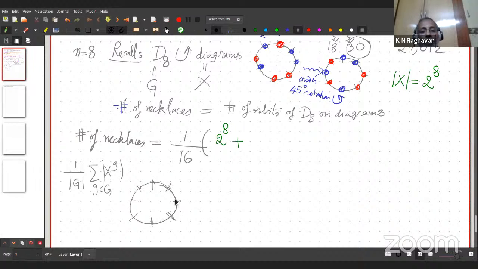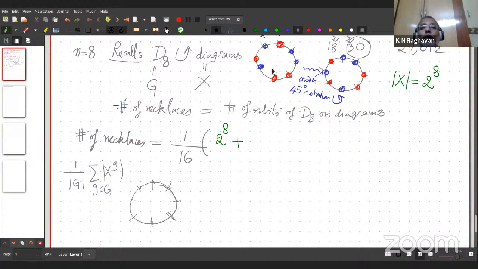So you can think another way. Suppose consecutive colors are not the same. Here blue and here red. Clearly, when I move this by 45 degrees, this blue will come here. And so it is not fixed by the 45-degree rotation. So if two colors are different anywhere, you will get a contradiction to the fixed. Such a diagram will not be fixed by the 45-degree rotation.